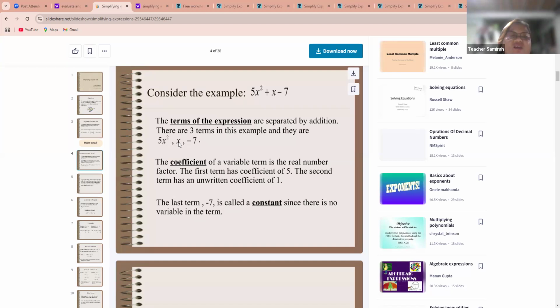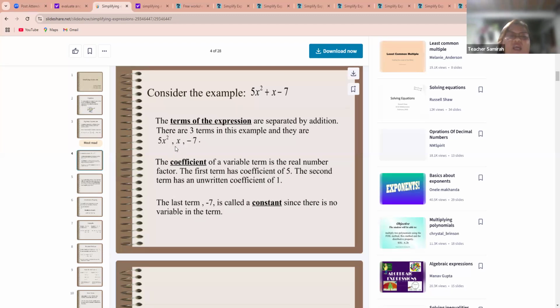Whereas for the x, although we cannot see any number beside the x, we can say that the coefficient beside this variable x is an invisible one, or it is actually 1.